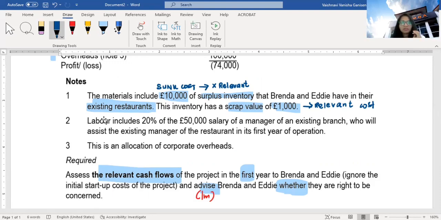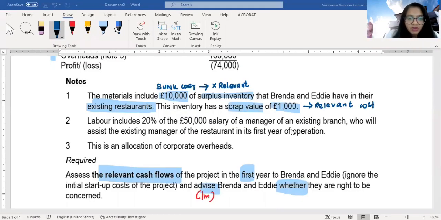That means you already have a manager helping run your business, and you hire a new manager for the branch. So that is one additional cost that you need to incur.